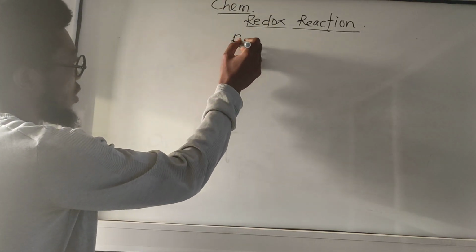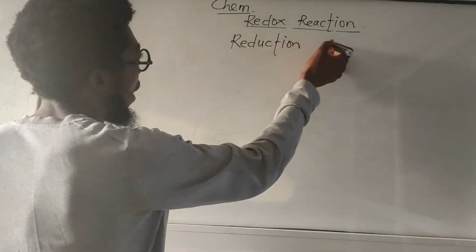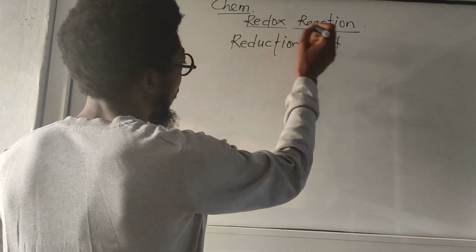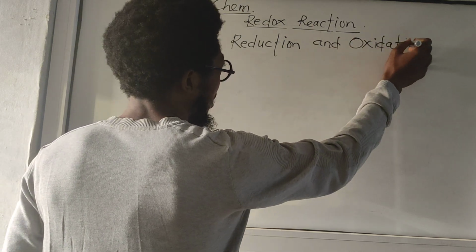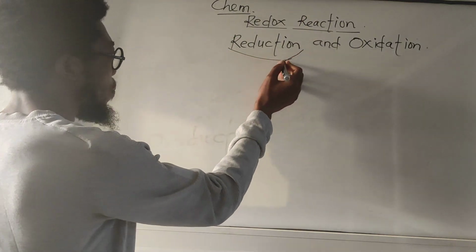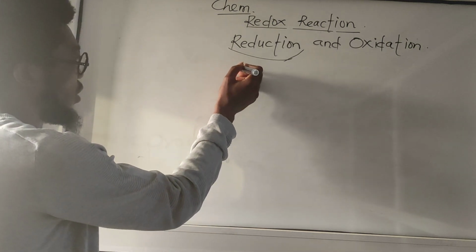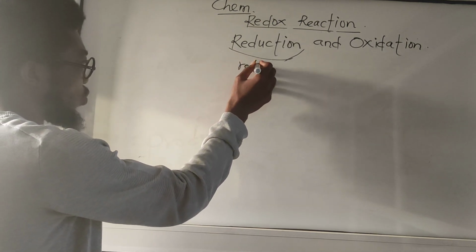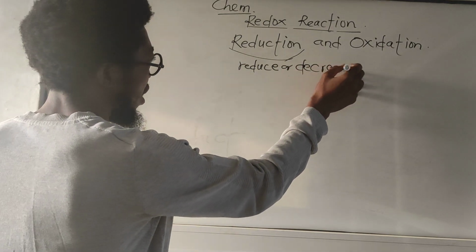The first one is reduction, while the other one is coming from this word ox, which stands for oxidation. The word reduction, if you pay attention to this, you will notice that it looks like an English word that means to reduce or to decrease.